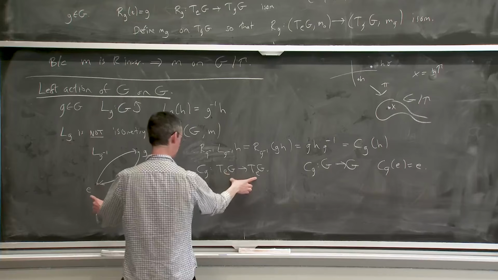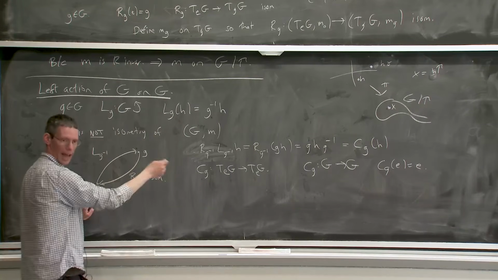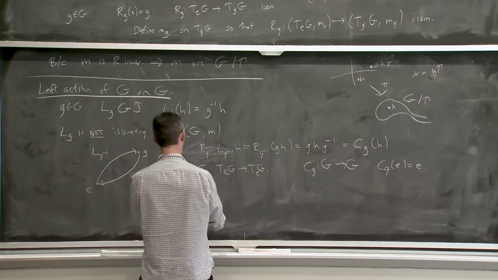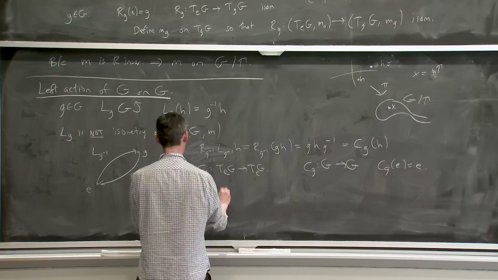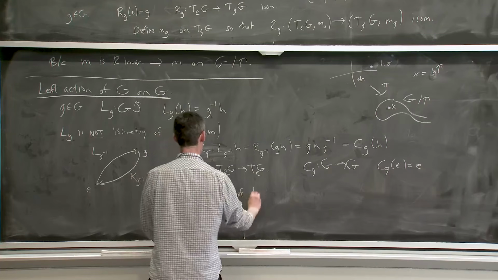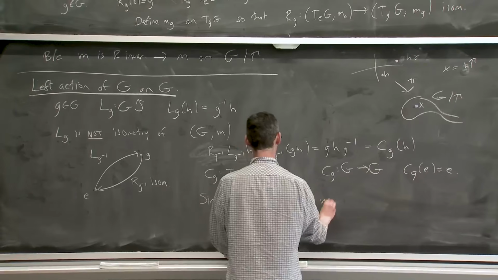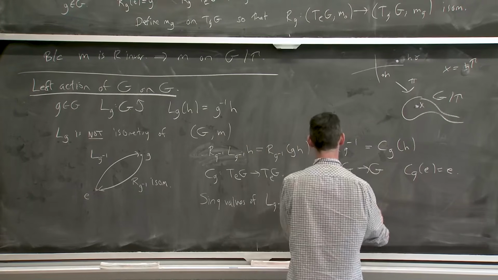If this thing is distorting the geometry, it means that the left action by G inverse was distorting the geometry in exactly the same way. So you could say more than this, but the singular values of L sub G inverse are equal to the singular values of C sub G.